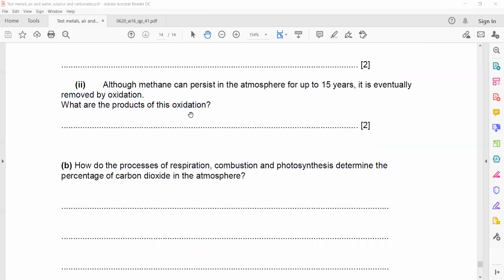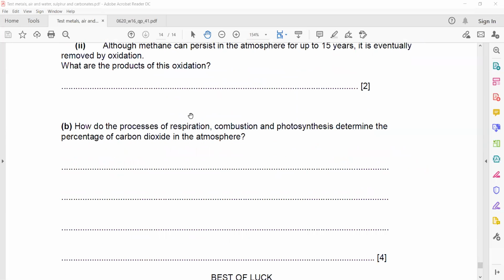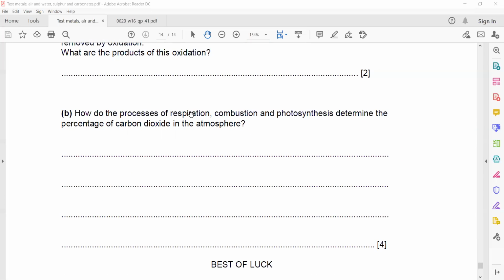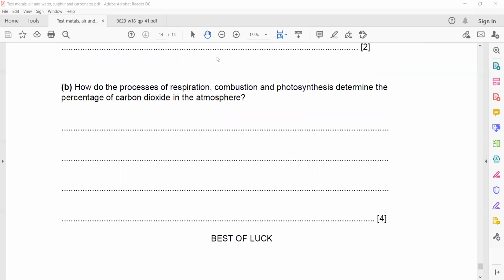How do the processes of respiration, combustion, and photosynthesis determine the percentage of carbon dioxide in the atmosphere?